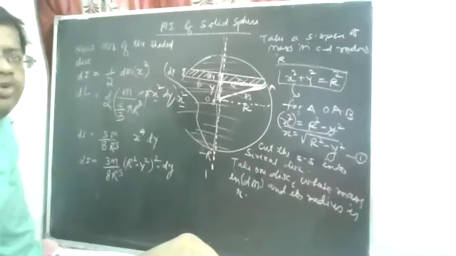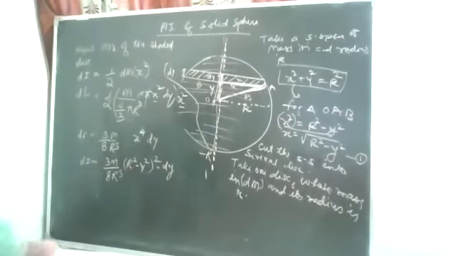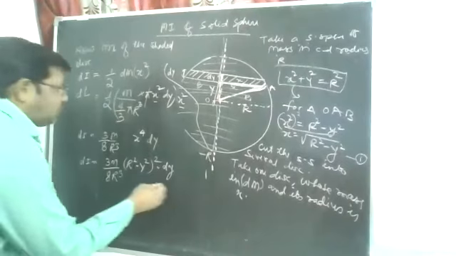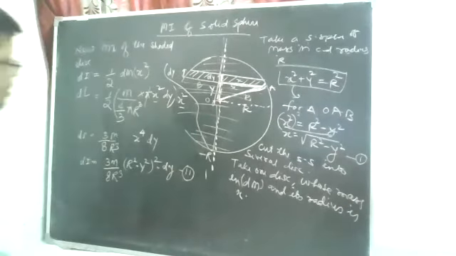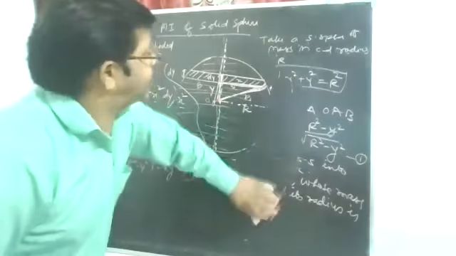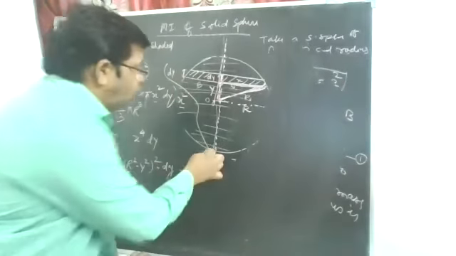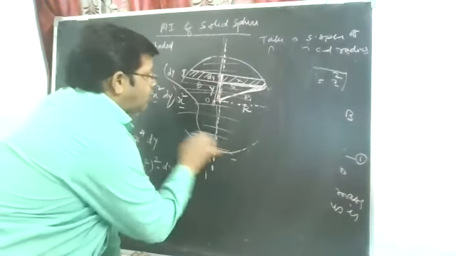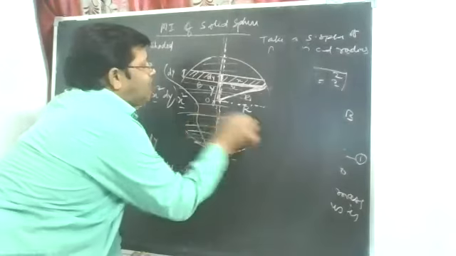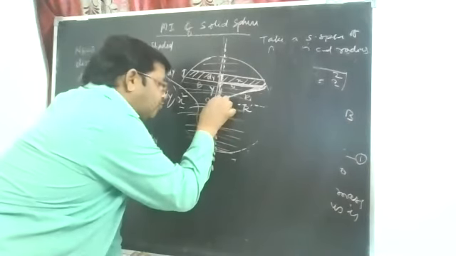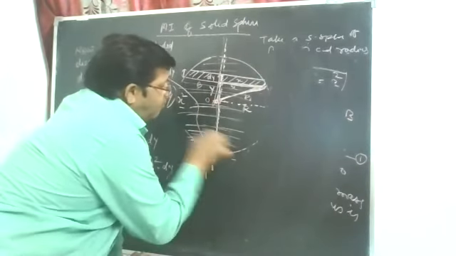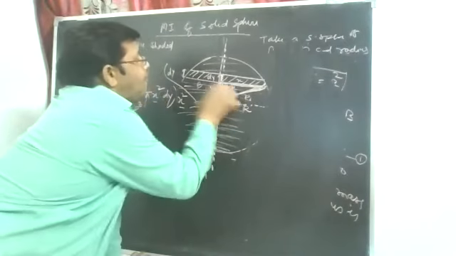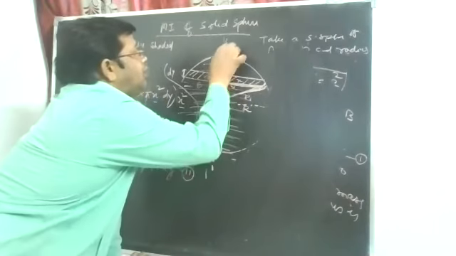Now, to determine the moment of inertia of the whole sphere, we have to integrate this equation, equation 2. Now, you know this: if you cut the solid sphere into several disks, its coordinates from here to here are minus r to plus r.